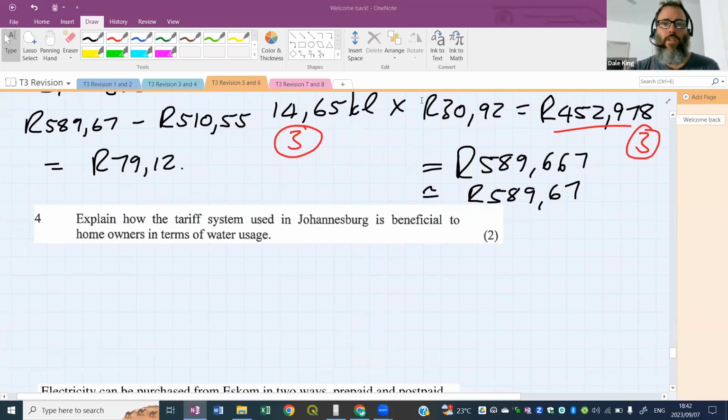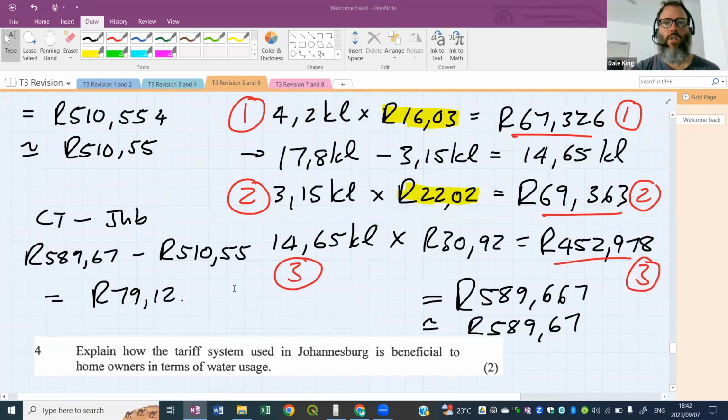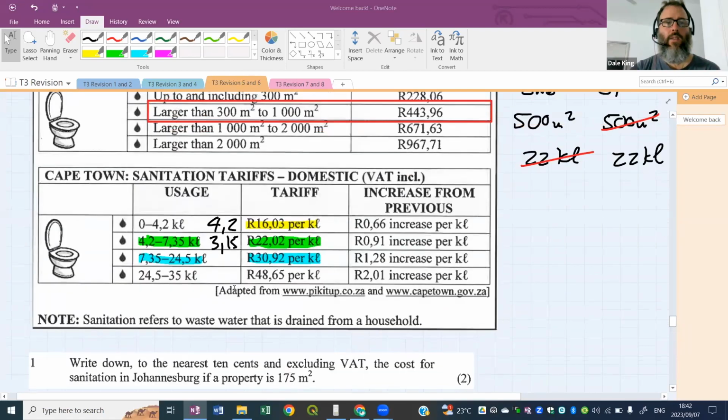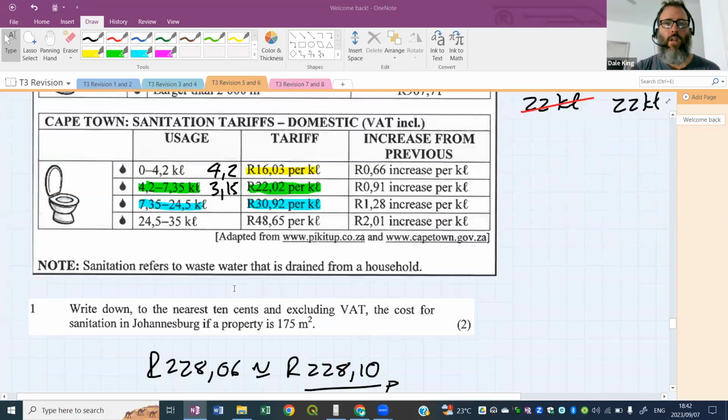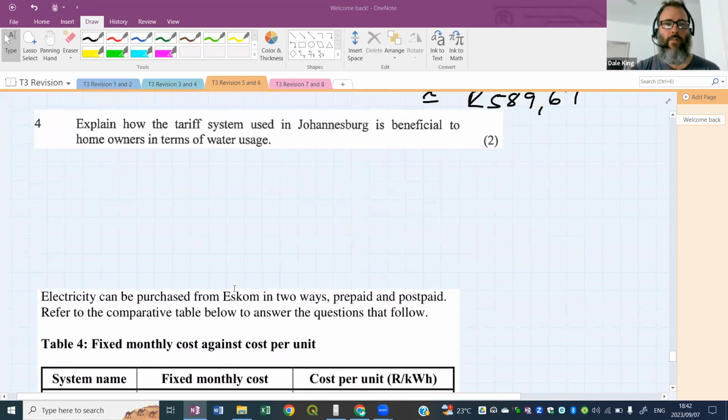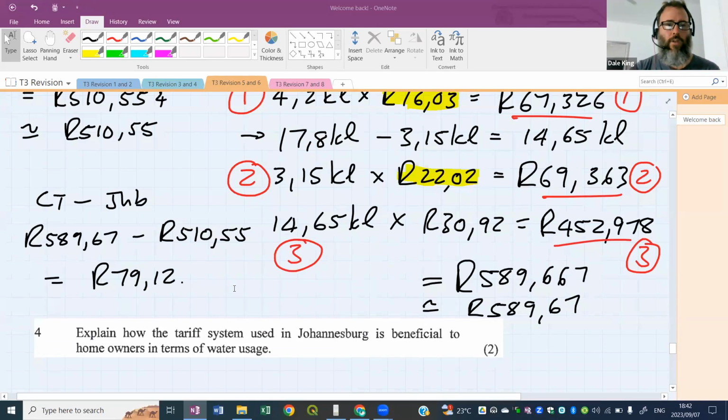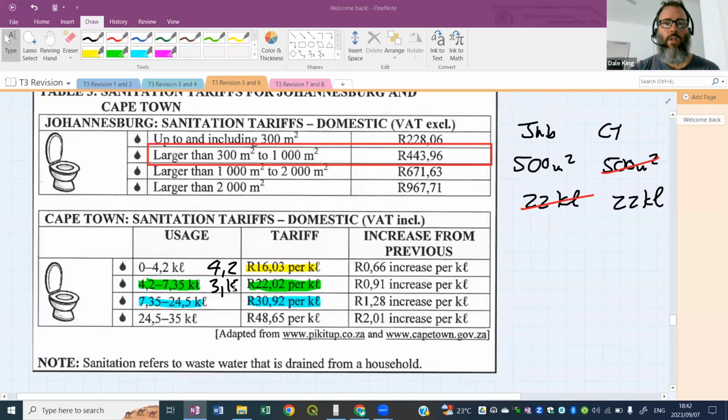There's the next question, Stu. Explain how the tariff system used in Johannesburg is beneficial to homeowners in terms of water usage. Now, this is a subjective question, no calculation needed.